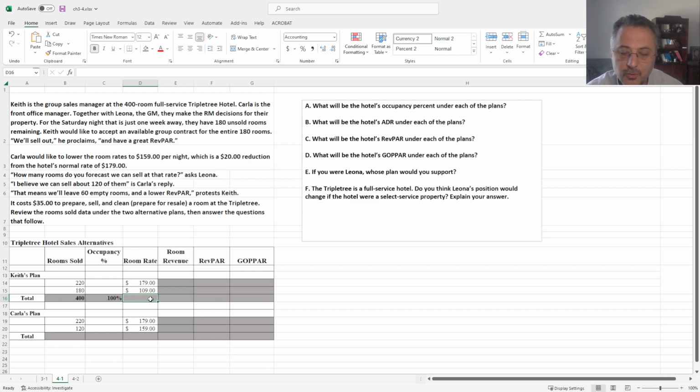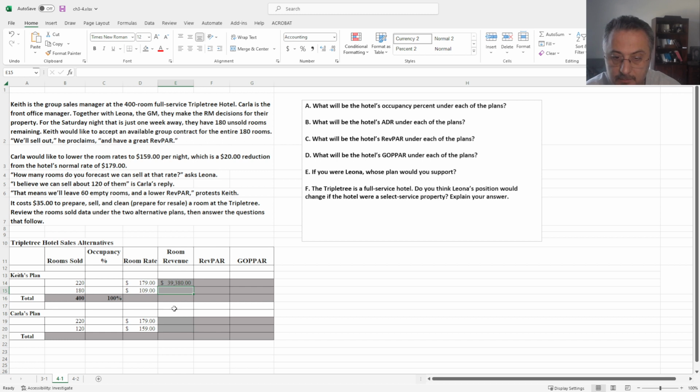They are asking for the ADR. I should have maybe made another column for ADR, but let's calculate the ADR here. In order to do that, we need the total room revenue. Let's get the room revenue here: 179 times how many rooms sold, 220.